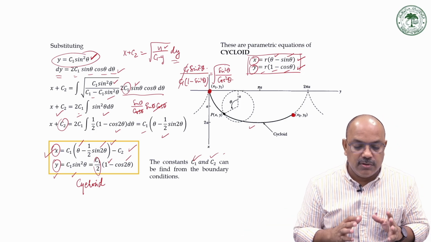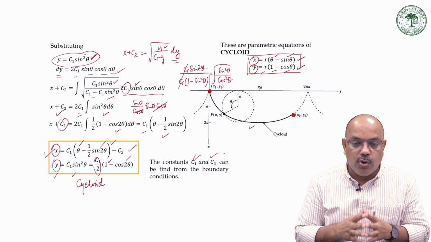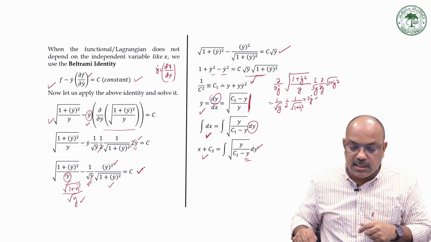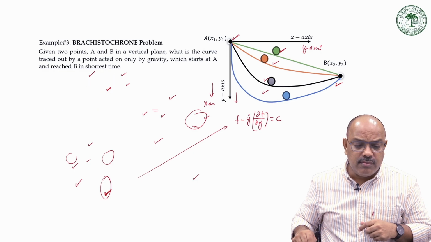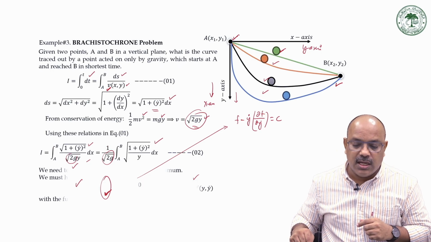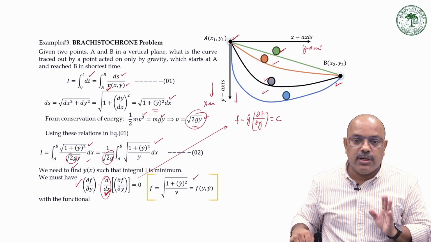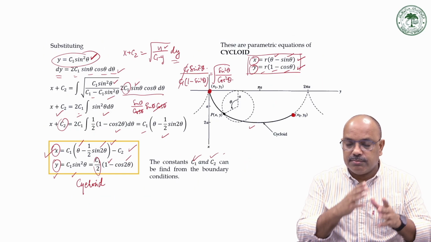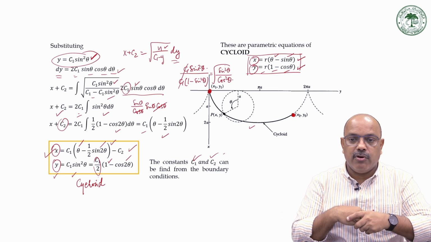So today we did two more examples based on the variational calculus. One is for the minimum surface of revolution, and the second is the Brachistochrone problem, where you get how to find the minimum curve for the time variations.